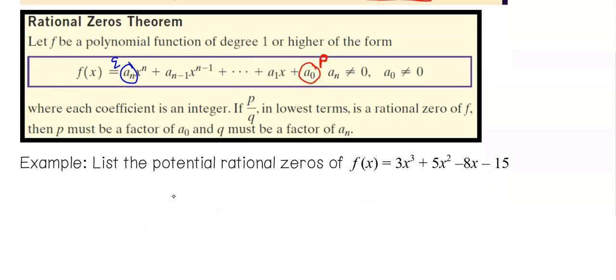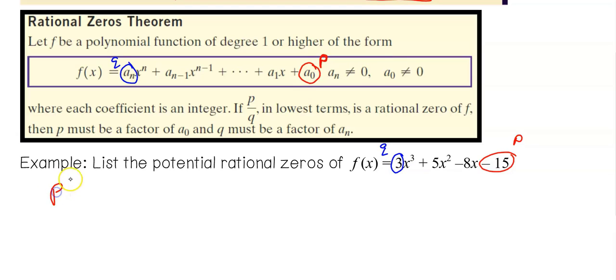So in this example, we want to list potential rational zeros of f of x. So if we look at this, negative 15 is going to be our p value, and this 3 is going to be our q.